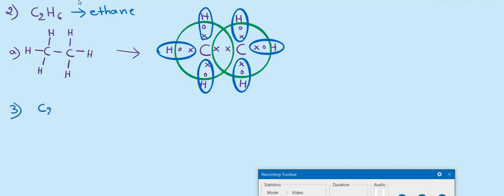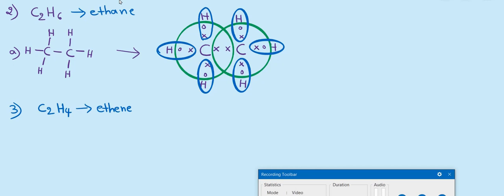What is that? C2H4. It is called ethene. Ethane is a saturated carbon compound because it contains a carbon-carbon single bond. But here 2 carbons need 6 atoms of hydrogen, but we have here only 4.